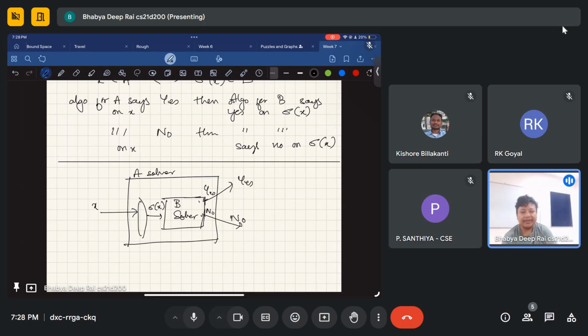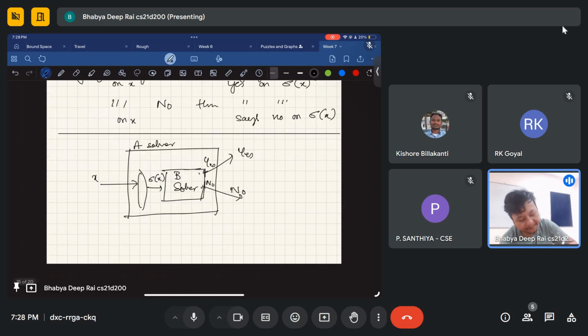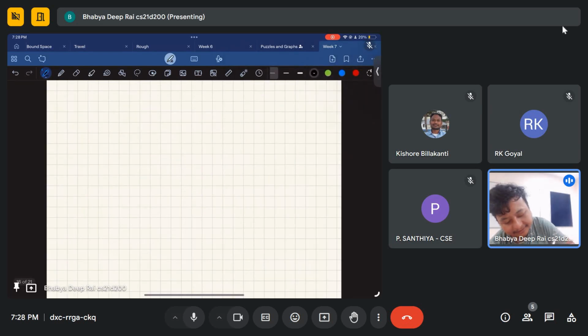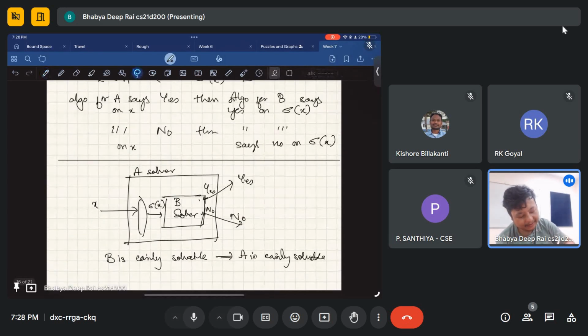Solving B is sufficient to solve A. So if B is easily solvable, then A is easily solvable. In some sense, it appears that B would be harder than A. Now, A reduces to B means that if B is easily solvable, then A is easily solvable.